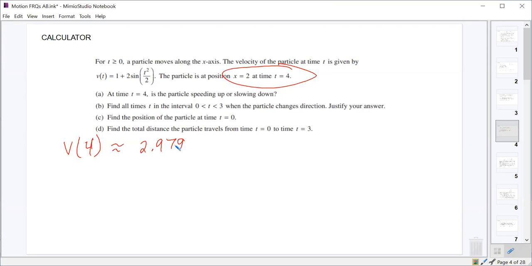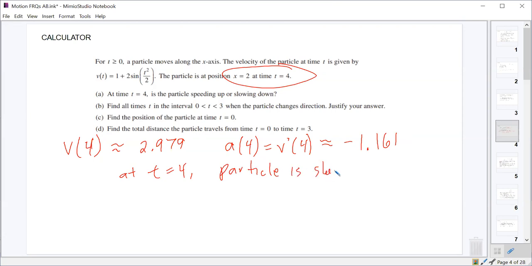What about the acceleration? Since this is a calculator problem, you just say a of 4, which is v prime of 4, which your calculator would tell you is 161, good enough. And we would then say that at t equals 4, the particle is slowing down.